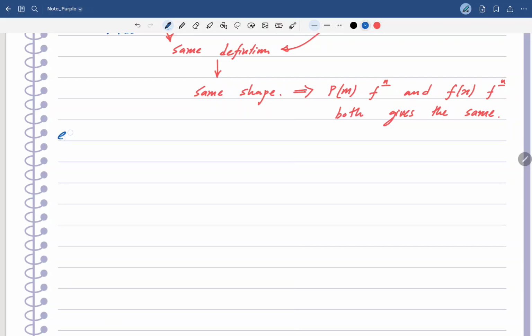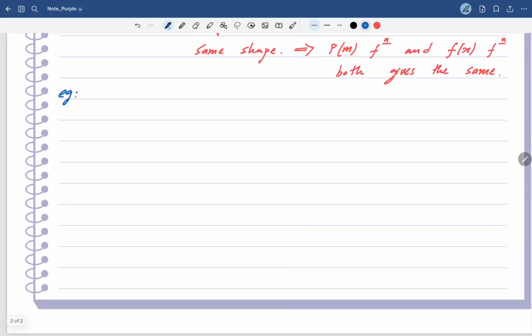Okay, so next one. Think about a function defined in this way. Y is equal to f of x is equal to x squared, for example. Now when you see a function like this, you have to understand this is the definition. You have to recognize it. That's the definition. This is the name.